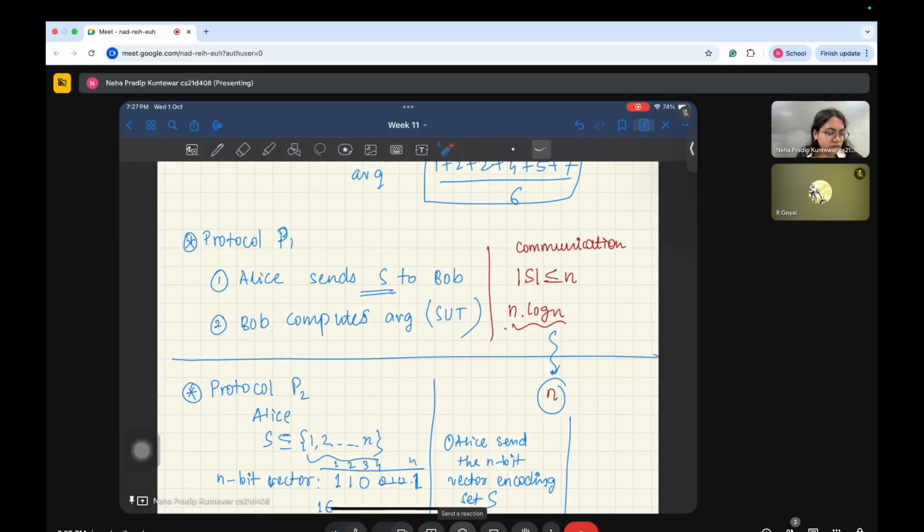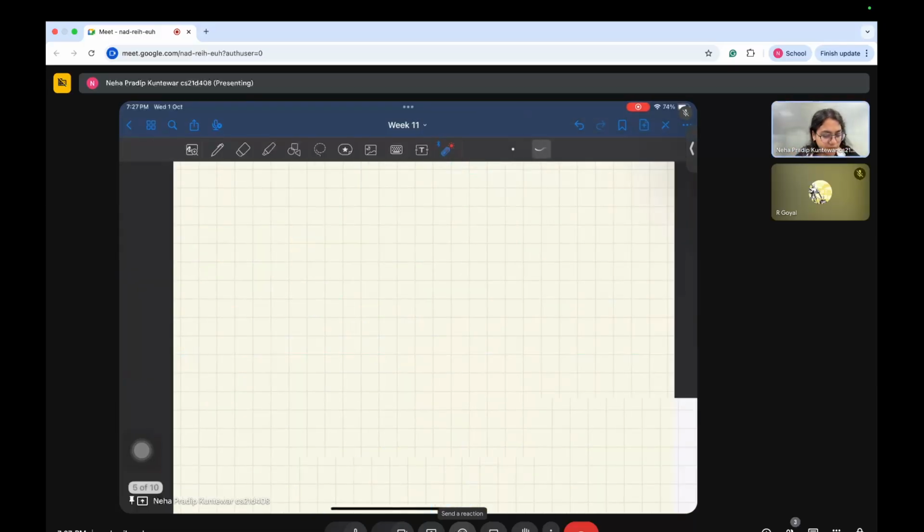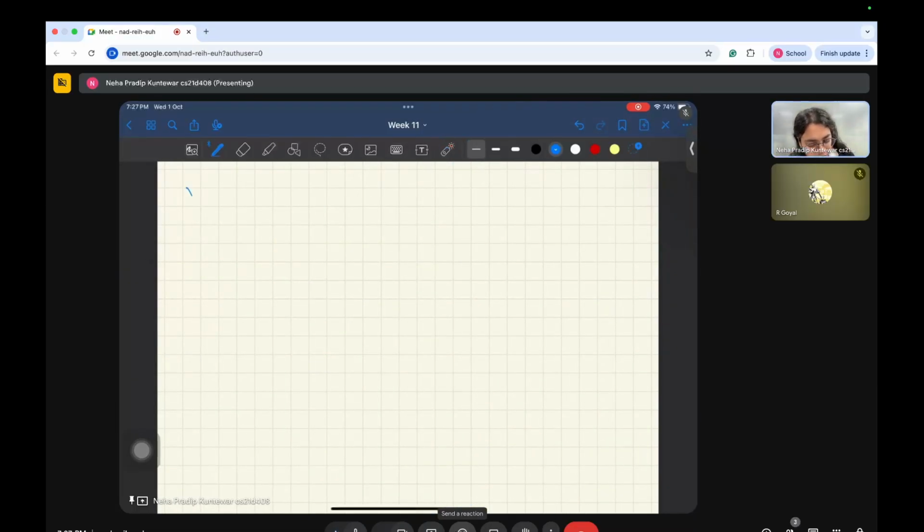So this is the protocol 3, where we are saying that Alice will compute the sum of the elements in S, I'll call this sum of Alice.